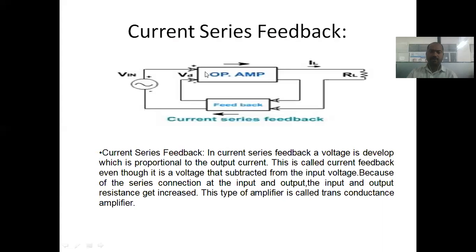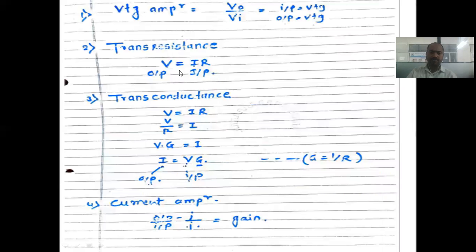So we have applied V equal to IR, right? So what it indicates is that whatever input is applied, that is a current, and whatever output is coming, that is a voltage, right? IR indicates that it is nothing but a current with some resistance, output that is a voltage. So your input is current, output is voltage.